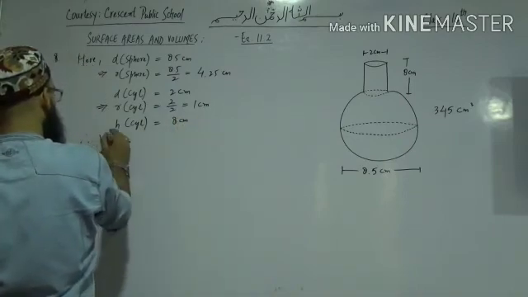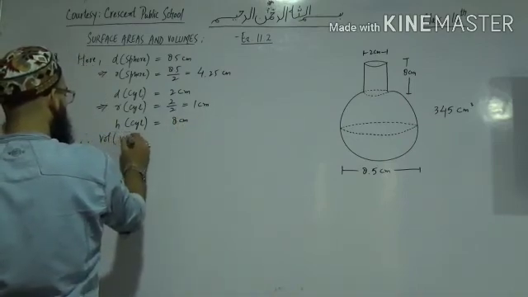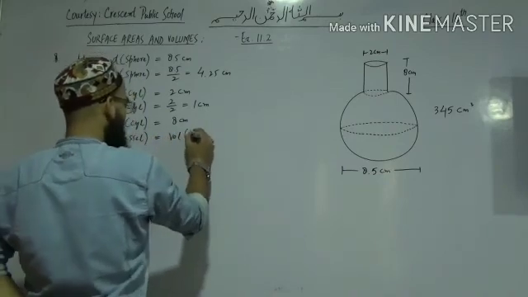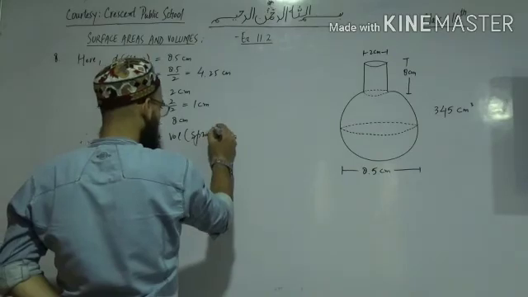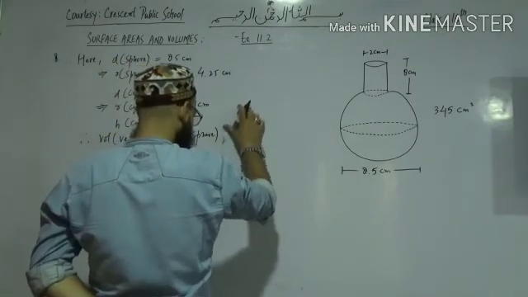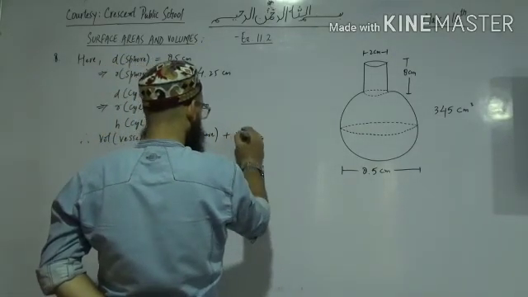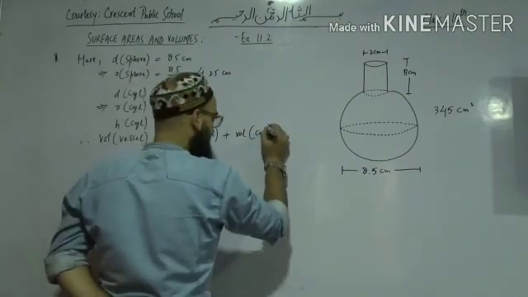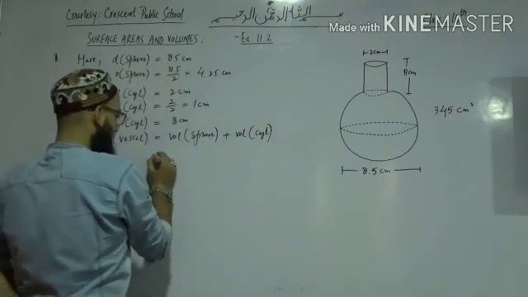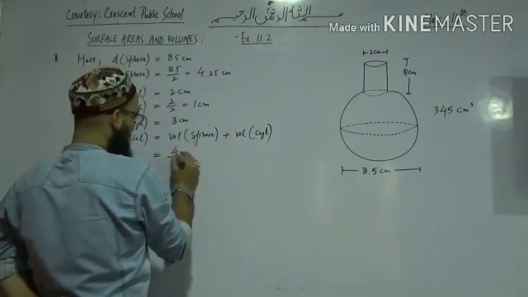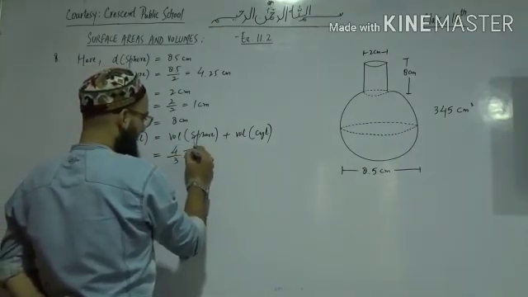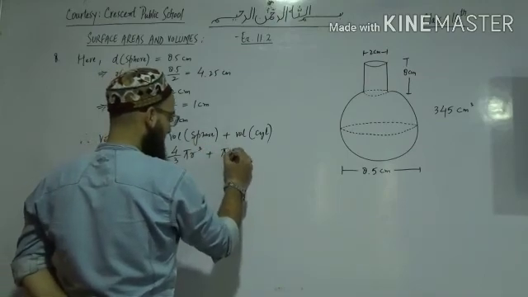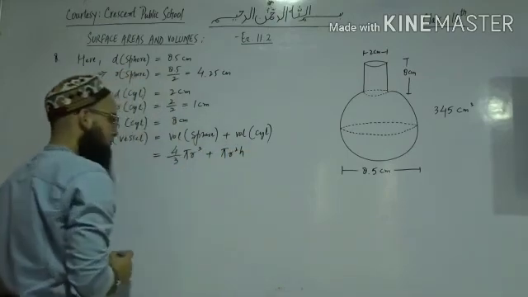Therefore, volume of vessel is volume of sphere plus volume of cylinder. Volume of sphere is 4 by 3 pi r cube plus volume of cylinder is pi r square h.